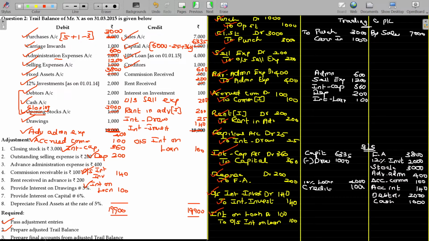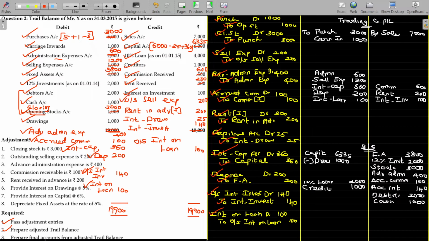Okay. Commission received, income, credit side, or simply commission 600, rent 200, and interest on investment, also income on the credit side of the P&L account, 100.